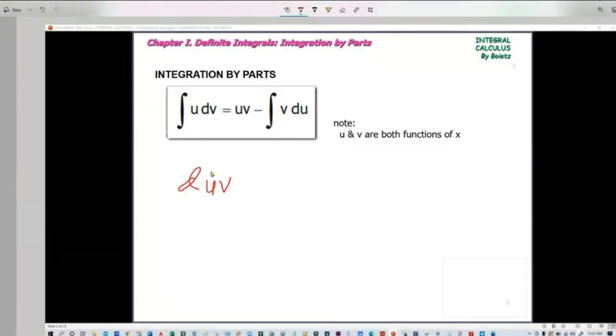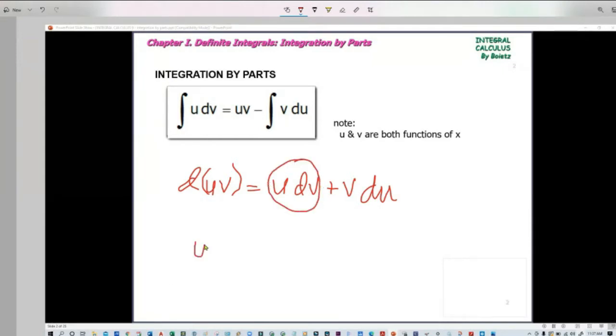Derivative ng UV is equal to U dV plus V du. So therefore, kung kukunin mo to, U dV is equal to derivative ng UV minus V du.